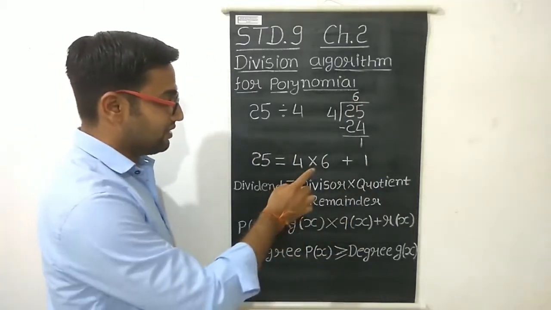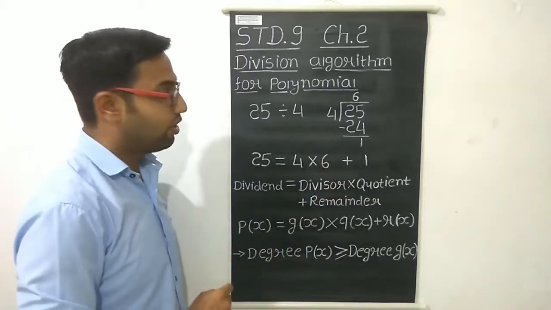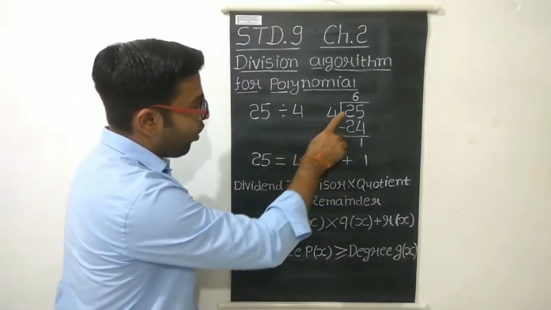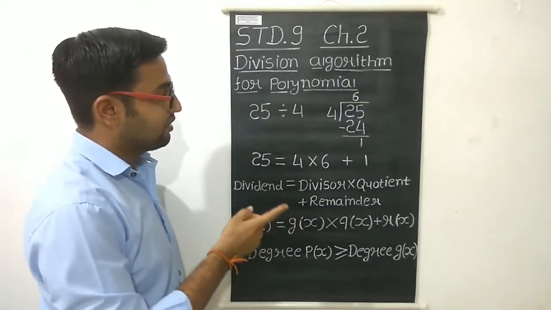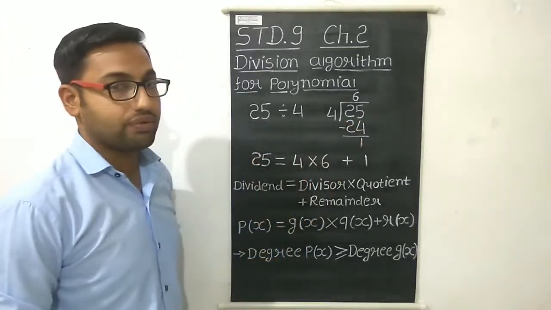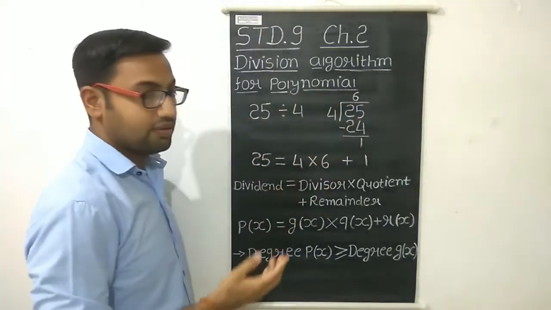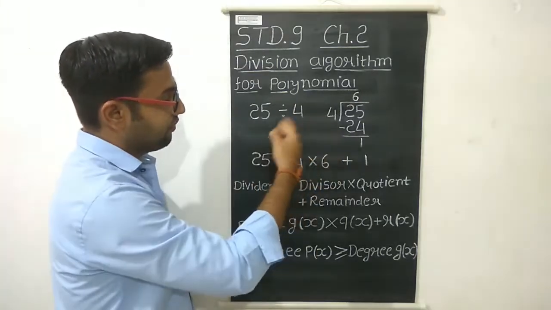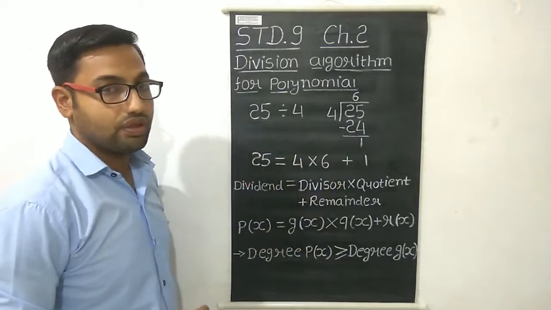Now here we can see that as the remainder is not 0, 4 and 6 are both not factors of 25. If 4 or 6 were a factor of 25, then the remainder would become 0.